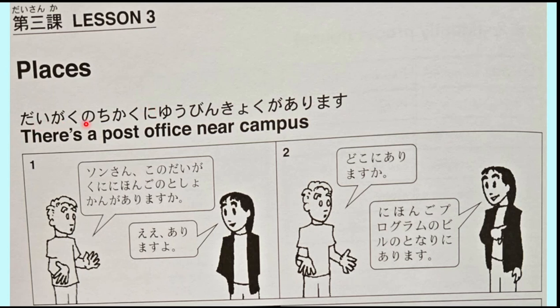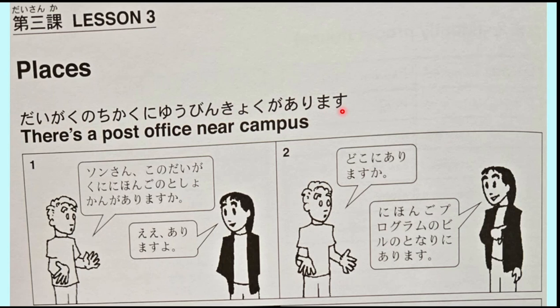So daigaku no chikaku ni yubin kyoku. Yubin kyoku means post office. So there is a post office near the campus. Here campus means university, that's why it's written daigaku. Daigaku no chikaku ni yubin kyoku ga arimasu. So there exists a post office near the university.